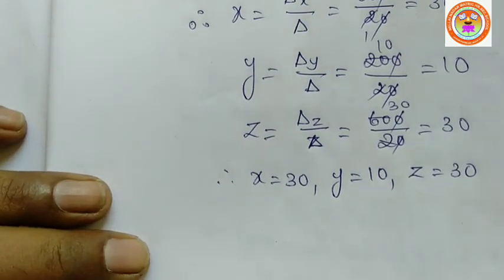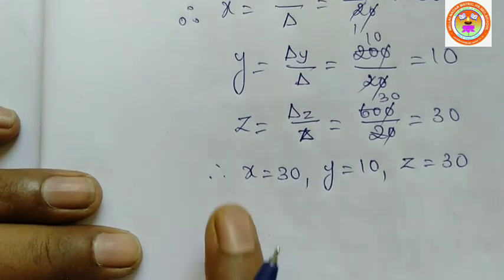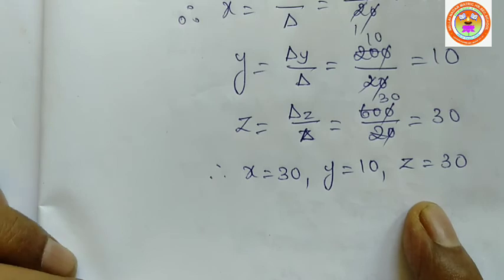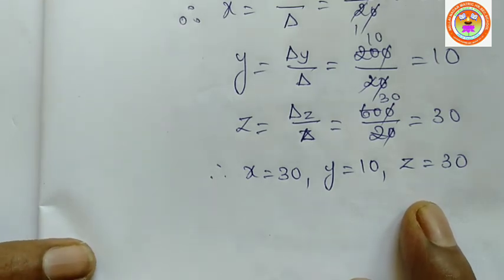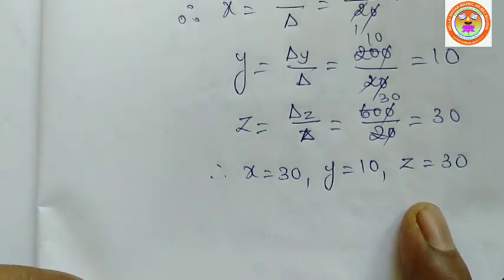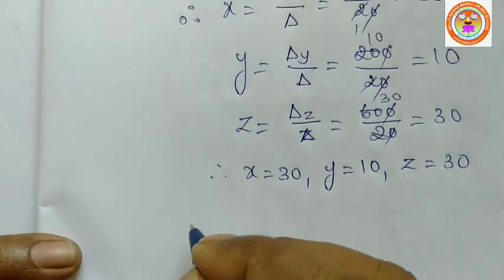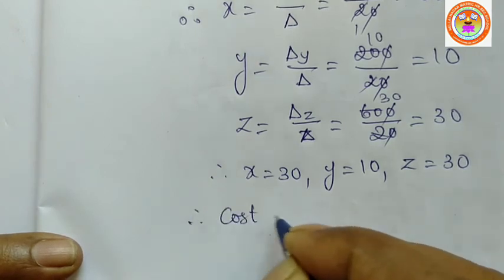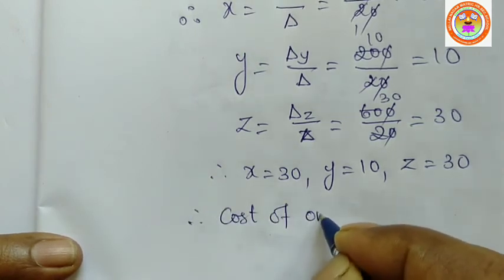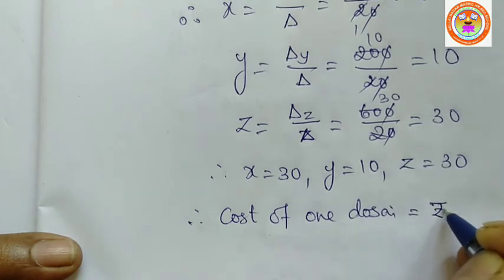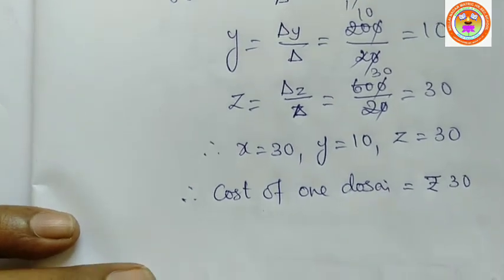But we considered the three variables x, y and z for the cost of a dosai, cost of one idli and cost of one vadai. Therefore, cost of one dosai is equal to rupees 30.